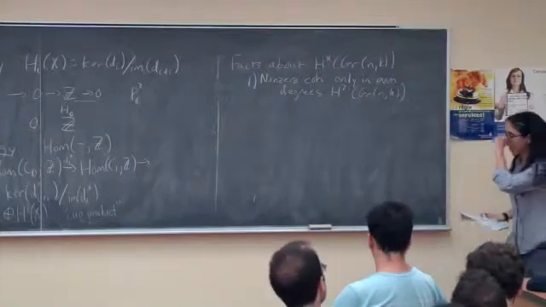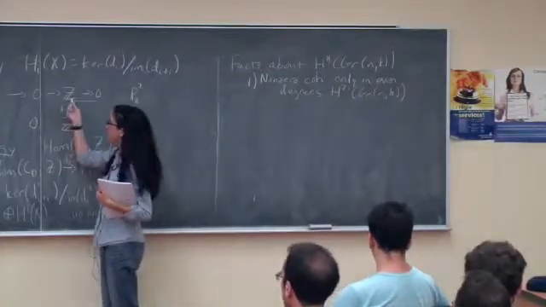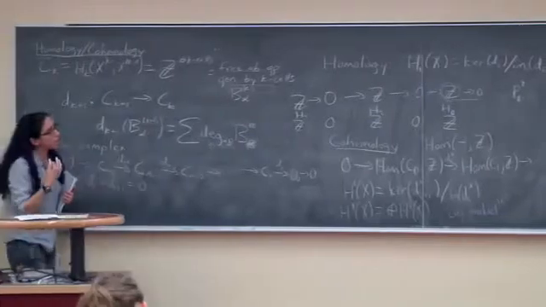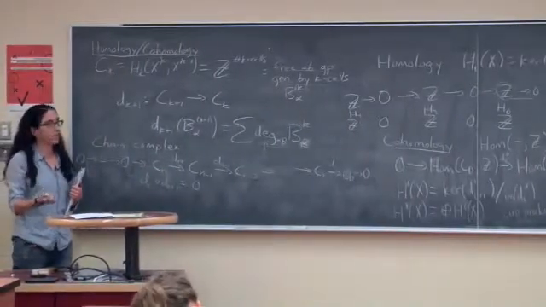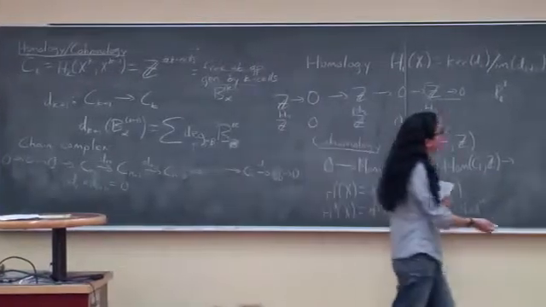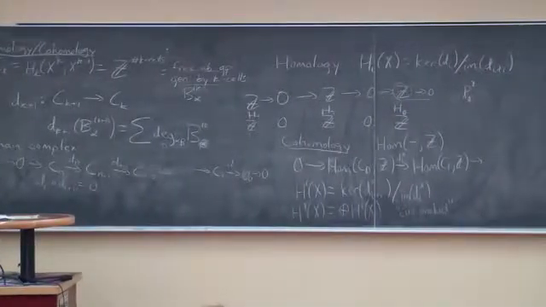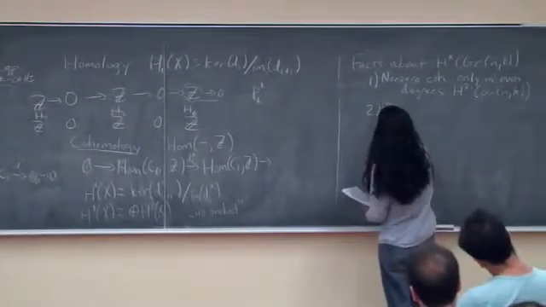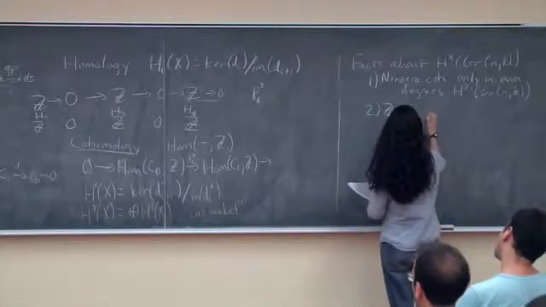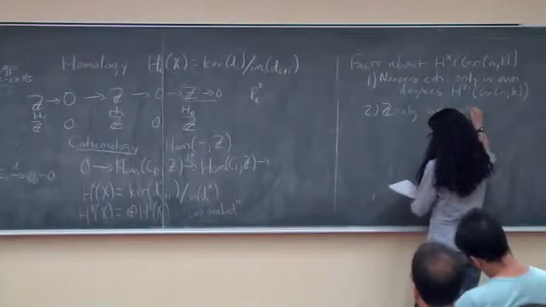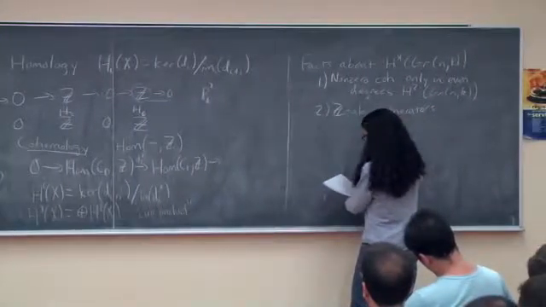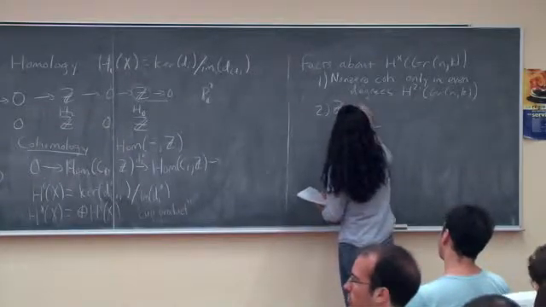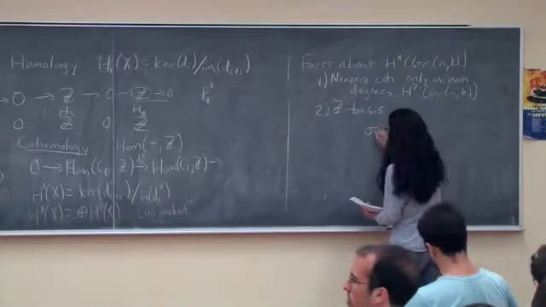And what that means also is that, notice when we took kernel mod image, we basically got the same group as the one we started with, this free abelian group generated by the k cells. And remember, in the Grassmannian, the Schubert cells are our k cells for whatever dimension the Schubert cells are, which means that there should be a basis of the cohomology ring that corresponds to the Schubert cells. And in fact, as a Z-algebra, there's a basis over Z. I'm going to call it sigma lambda.